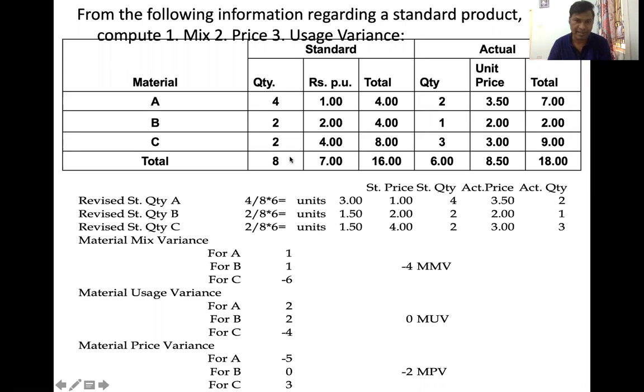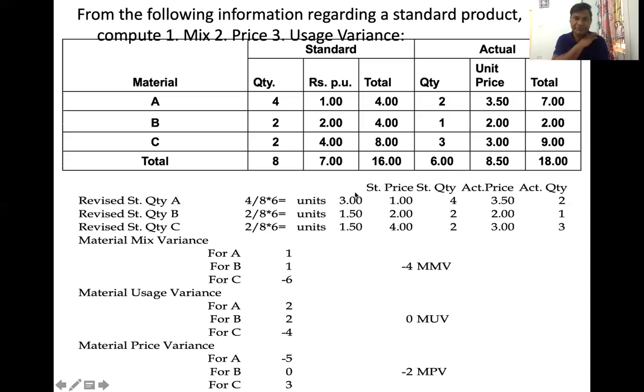So 4 by 8 multiplied with the total actual quantity of all three materials. The actual quantity consumed is A 2, B 1 and C 3. The total is 6. So 4 by 8 multiplied with 6 is equal to 3 units.